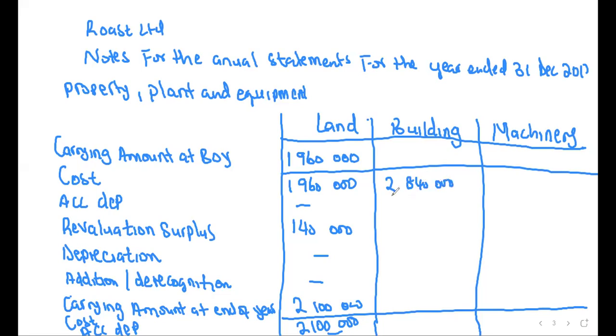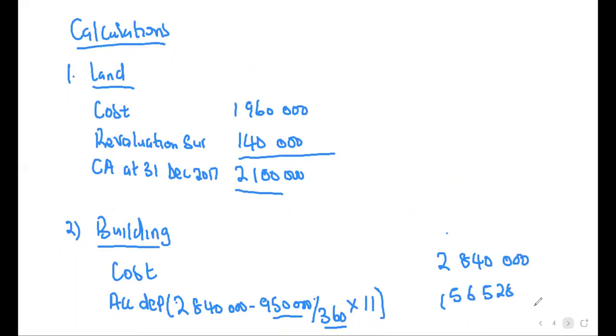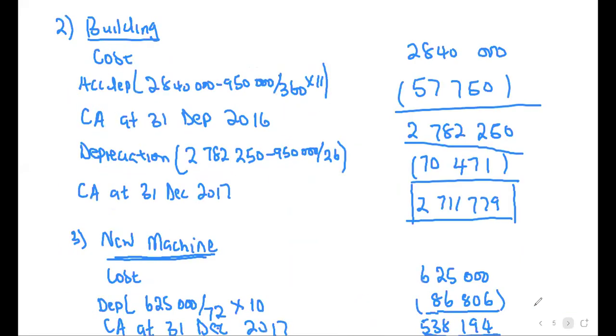Accumulated depreciation at the beginning of the year, we say it's 57,750. So which means our carrying amount, we say, is how much? 2,782,250. Let's just double check if the figures are correct. Yes, it's this one.